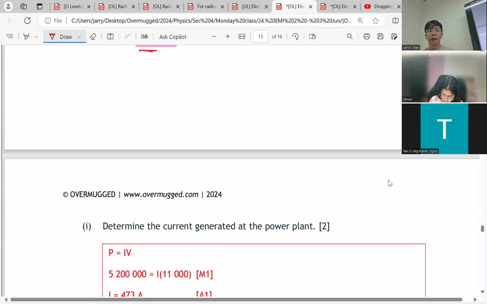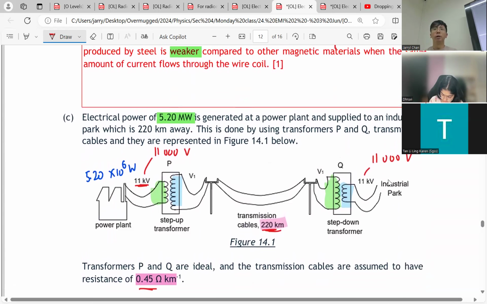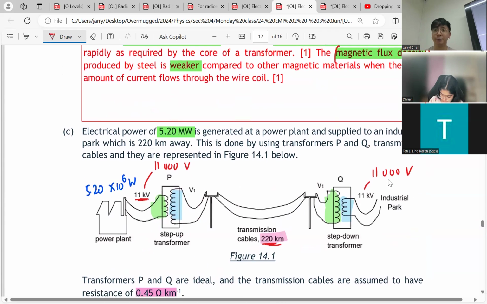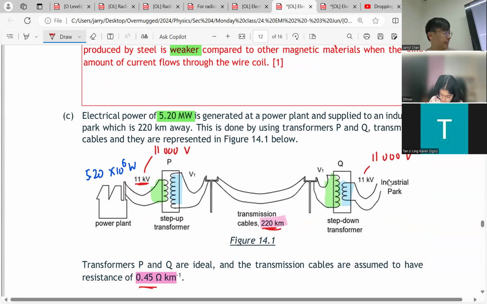Why so? I go back to the diagram a while first, before you write down the numbers that might not make any sense to you. What am I trying to do here is step up.